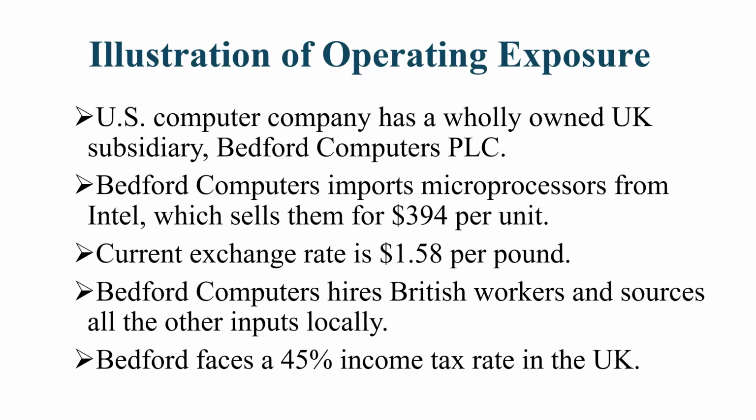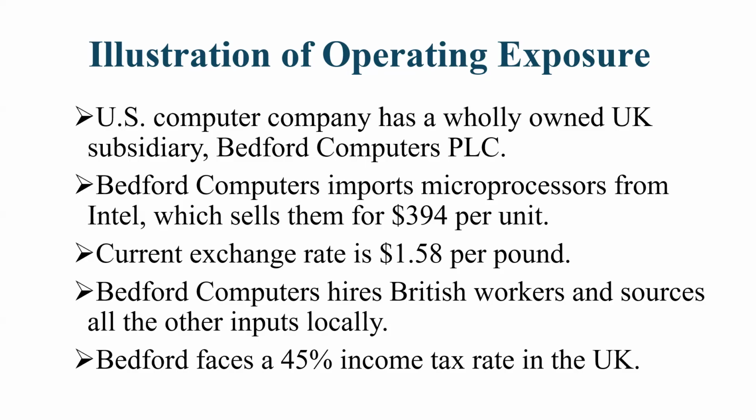And operating exposure, again, is the extent to which a firm's operating cash flows will be affected by random changes in the exchange rates. So let's be clear that operating exposure is not readily measurable, since it depends on the effect of random exchange rate changes on the firm's competitive position.